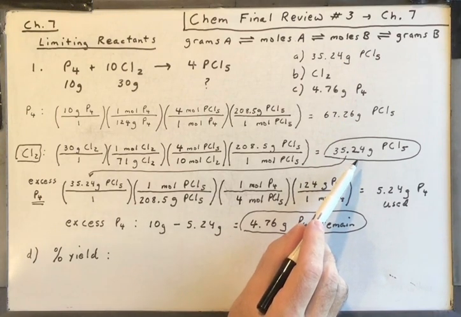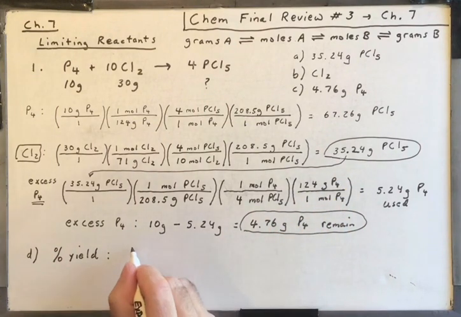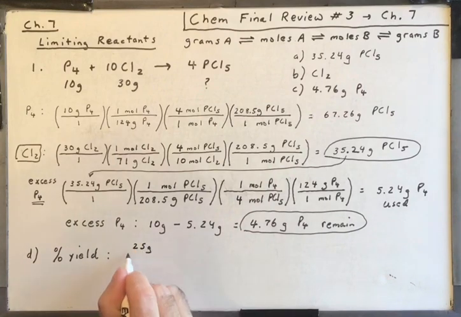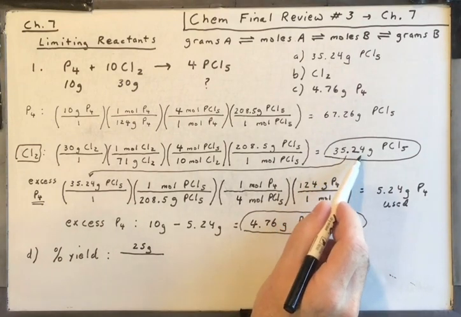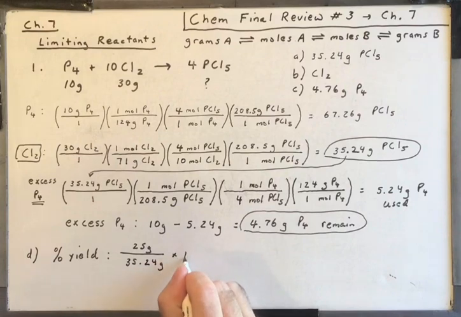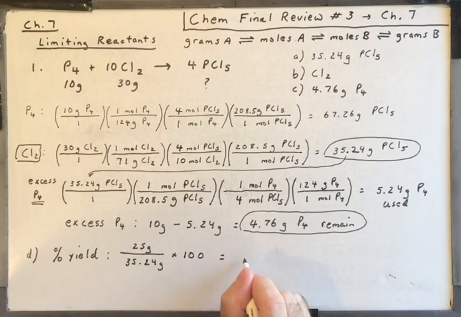In the real world, some molecules just simply don't collide and react. So you only actually collected 25 grams from the problem. This is what you would have if every single molecule collided and reacted, 35.24 grams, times 100. And that'll give you a percent of 70.9%.